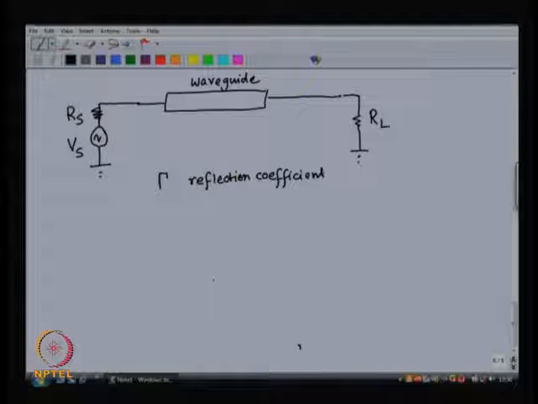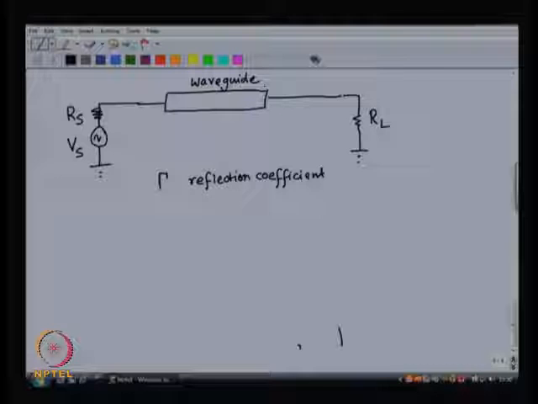So if there is a wave, it's a waveguide, there is a wave hitting a certain object, a portion of the wave gets absorbed into the object, a portion of the wave reflects back from the object. So what portion of the wave is reflected back from the object is given by the reflection coefficient.